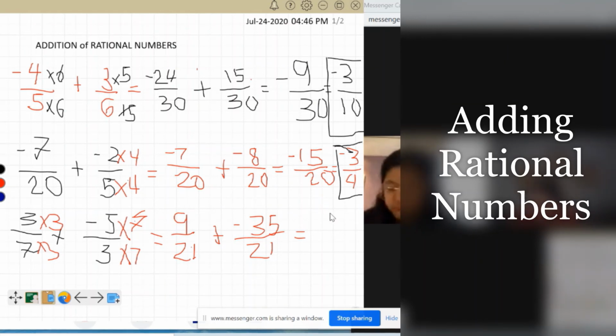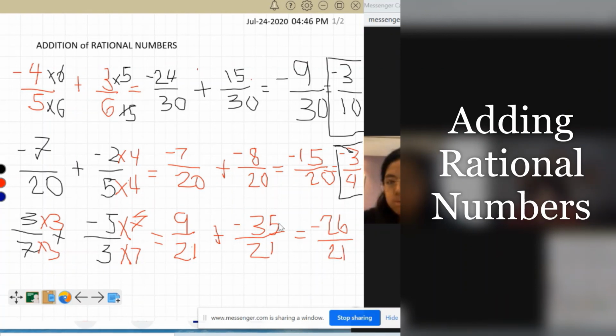So we're going to subtract 35 minus 9 and the answer will be 26 over 21. What is the sign? It's negative because 35 has a negative sign.